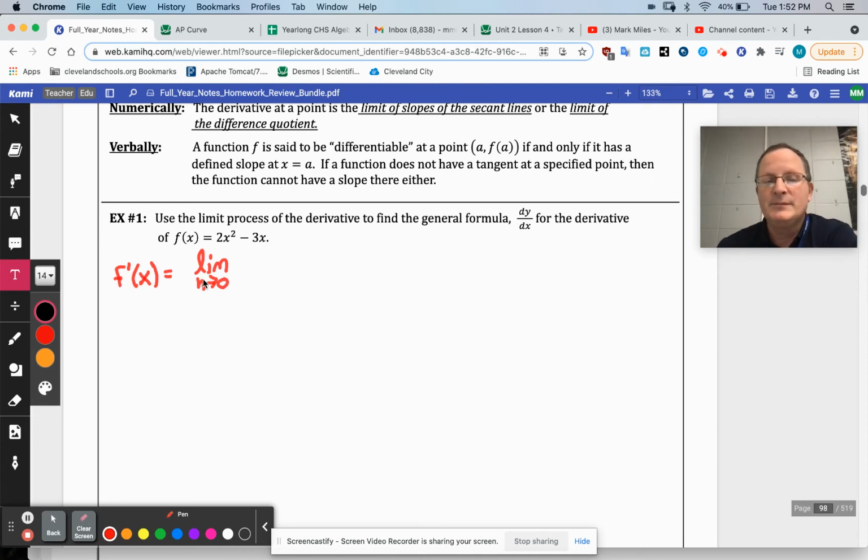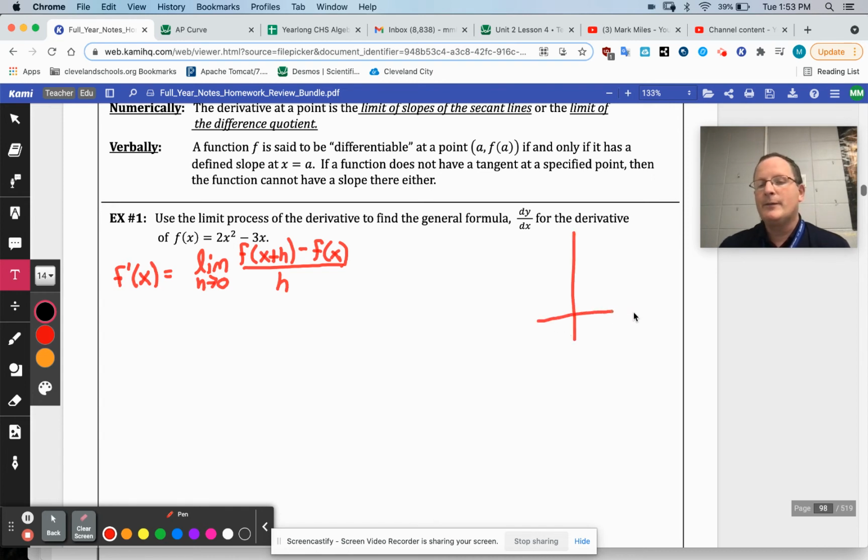You could call that delta x or anything, but h is popular, so we'll go with that, of y2 minus y1 divided by x2 minus x1. Okay, that's exactly what we're doing. So what we're doing is we're on the curve. Let me just draw a little picture of it here.